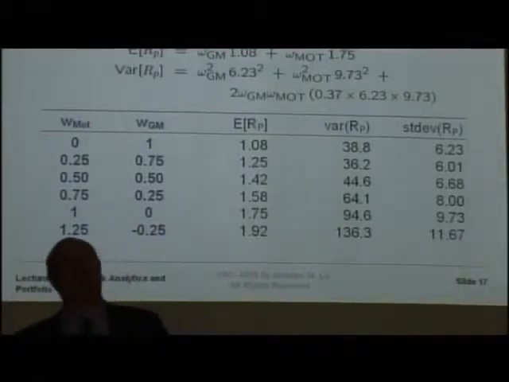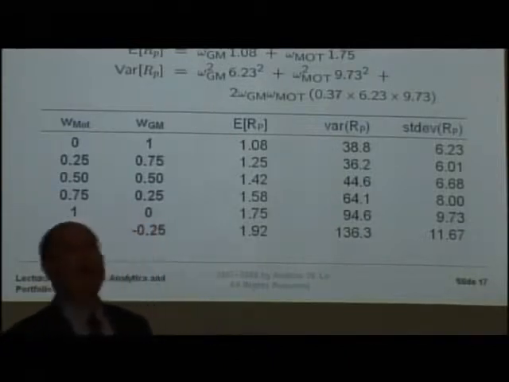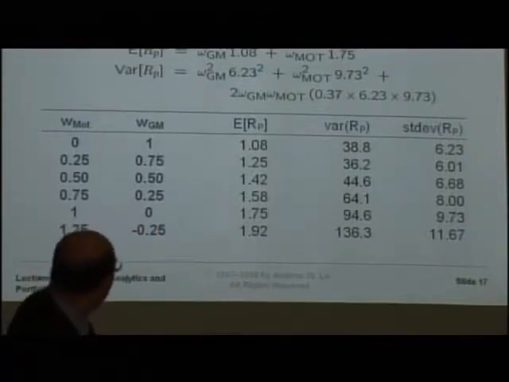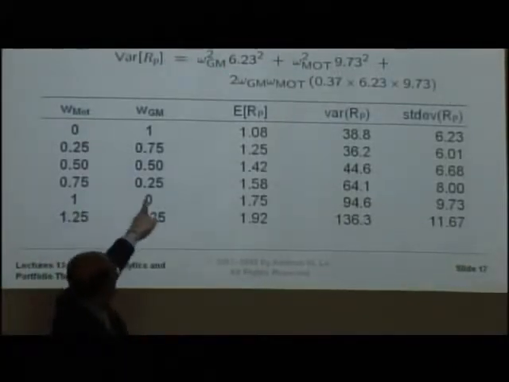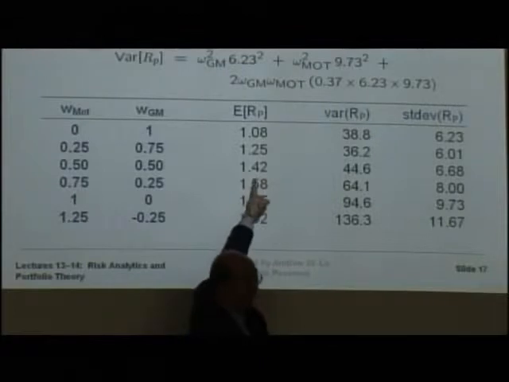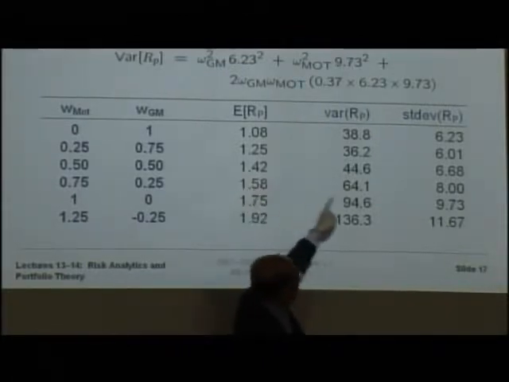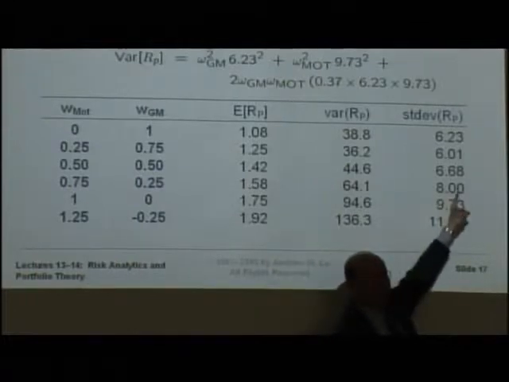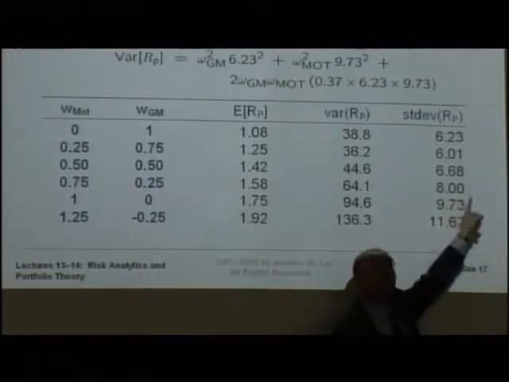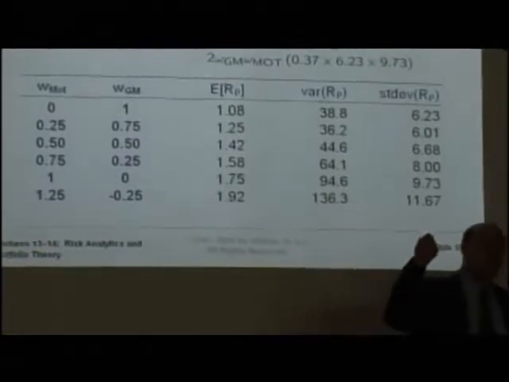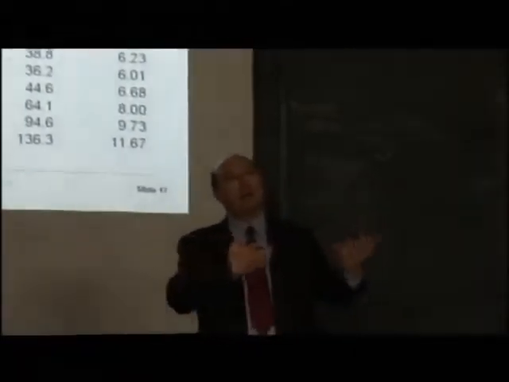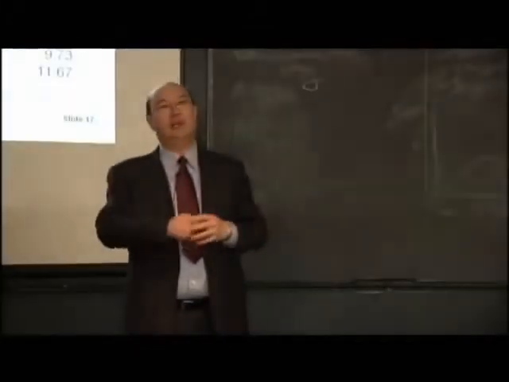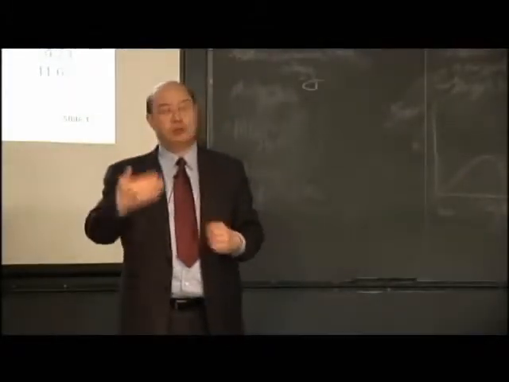Nothing mysterious about that. However, if you weight the 2, so if you put 50-50 on General Motors and Motorola, you're going to get a return that is 50-50 of each of those returns, but you're going to get a risk that is not 50-50, right? Because the risks don't aggregate in a linear way. The risks actually aggregate non-linearly because of those covariances or correlations.